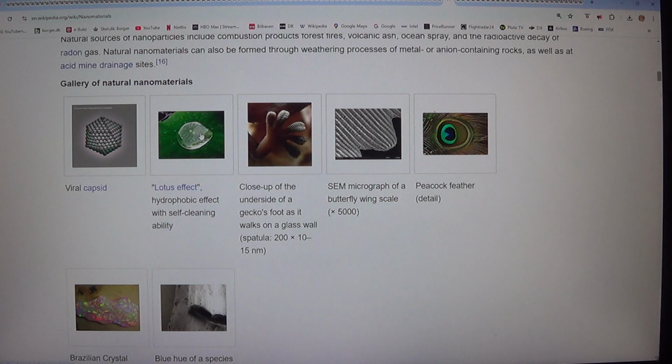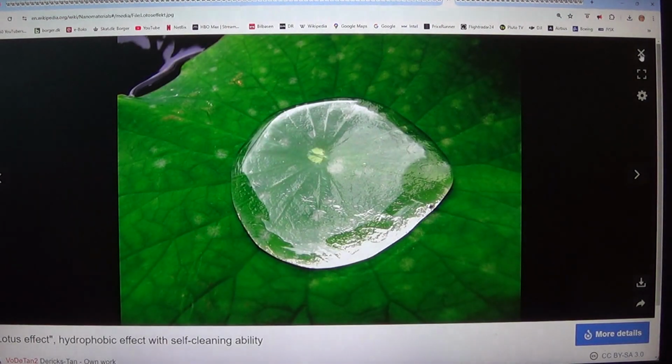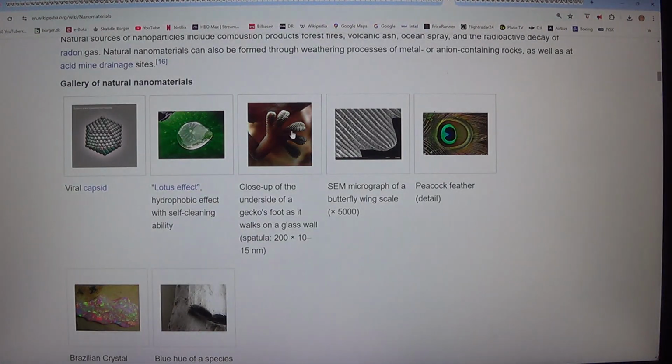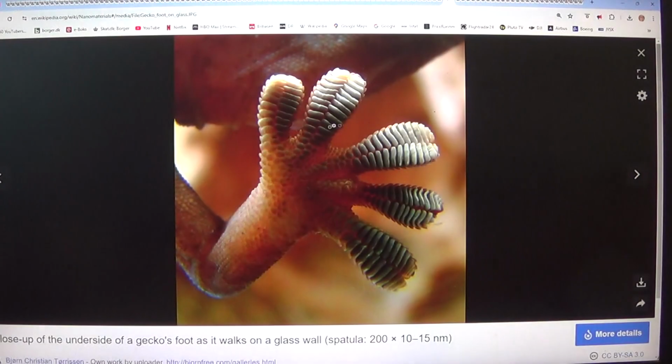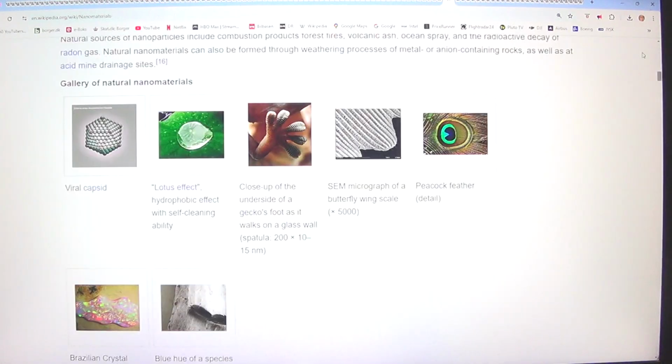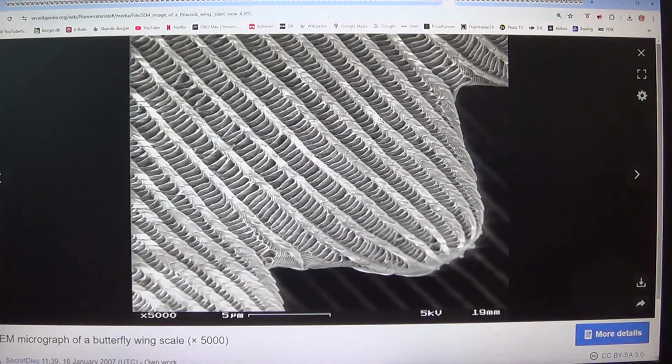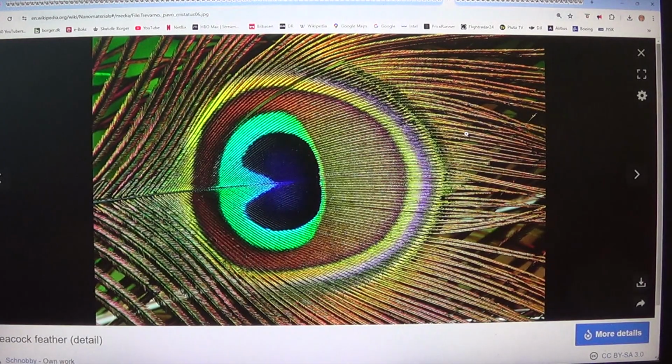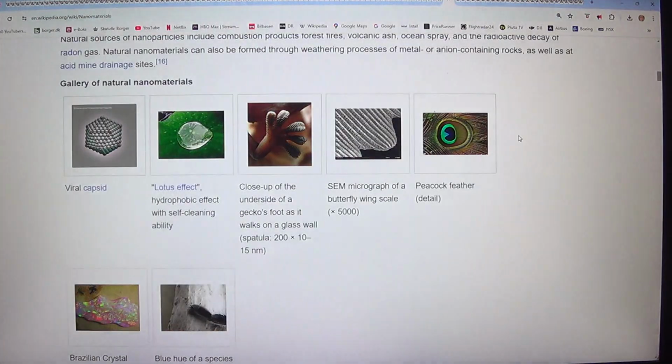1. Viral capsid. 2. Lotus effect, hydrophobic effect with self-cleaning ability. 3. Close-up of the underside of a gecko's foot as it walks on a glass wall, spatula, 210-15 nm. 4. SEM micrograph of a butterfly wing scale, 5000x. 5.